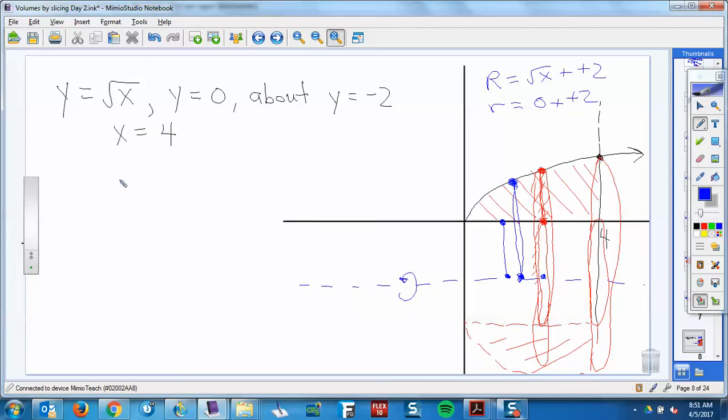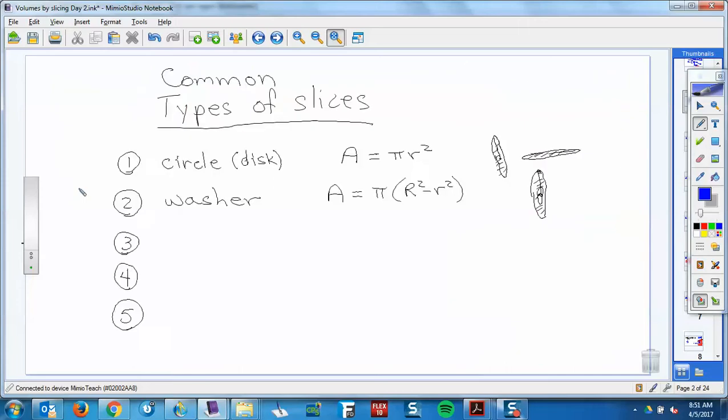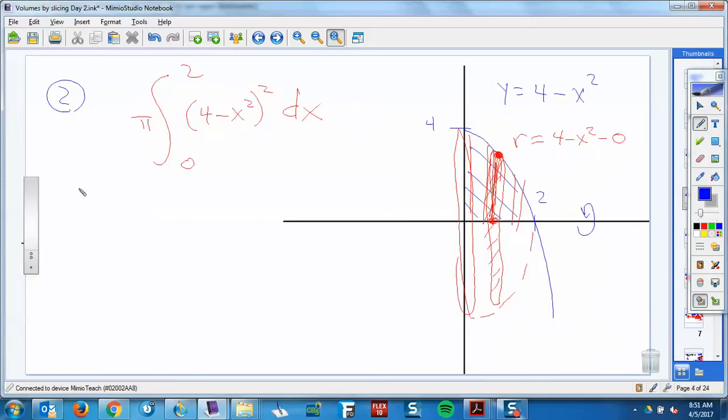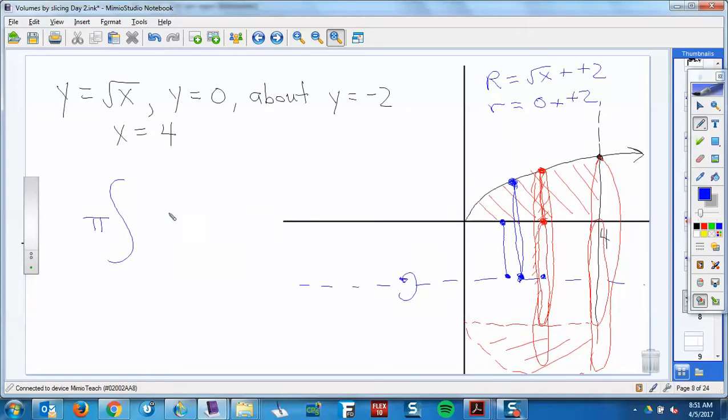So when I set up my integral, it's going to be pi. Don't forget the pi's out in front. We factored out the pi. And then it's big R squared minus little r squared. So it's big R squared, square root of x plus 2, minus, and then I have my dx.